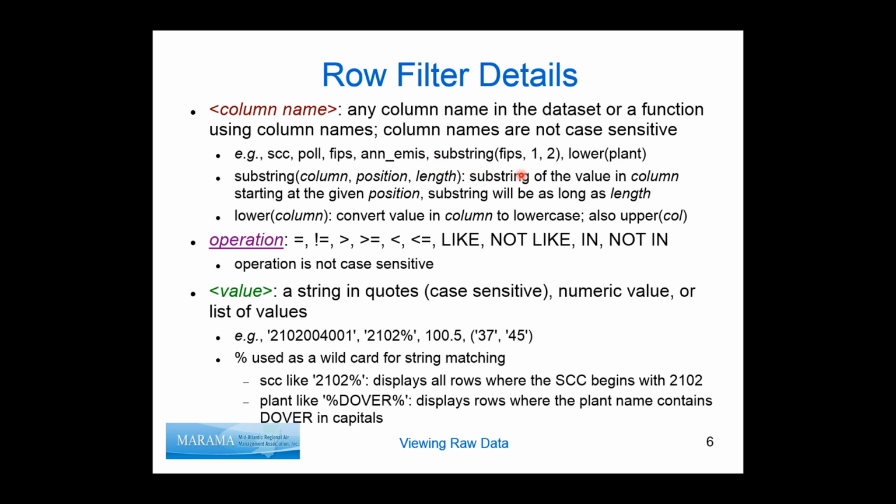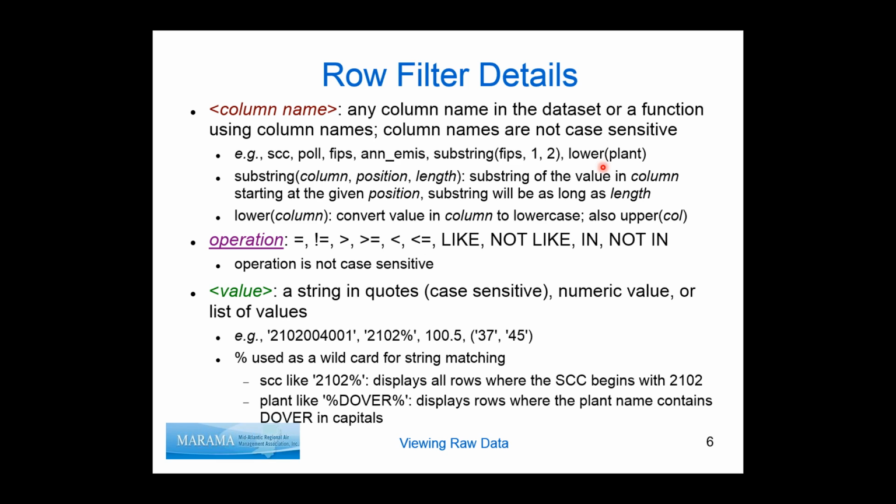And then we saw an example of the substring function. There are other functions because this is SQL, so you can use other functions. One thing that I ran into is I needed to use the lower function, which converts values to lowercase. This was an example, which I'll get to in a second, where I was trying to match records by a plant name, and all of the plant names were capitalized.